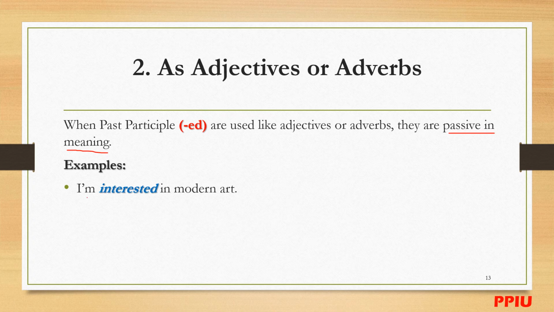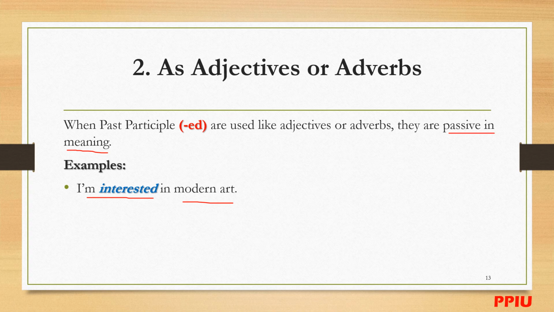I'm interested. I got the feeling of being interested because of the modern art. It just affects my feeling. I'm the person who is passive, who is just affected or made interested by the modern art.